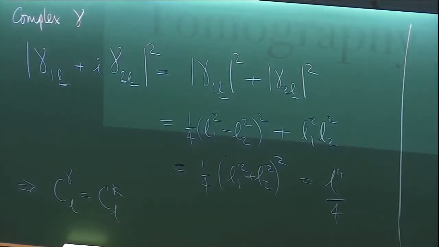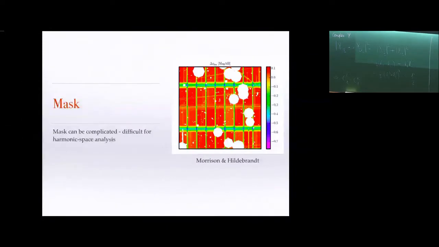So doing things in harmonic space is usually preferable because the correlation properties are nicer. But one of the complications is that the sorts of fields that are observed are quite horrible. So this is a patch of the CFHT lens survey.